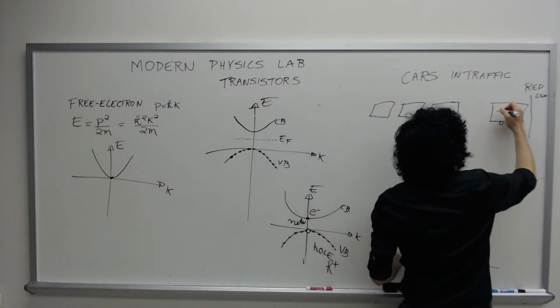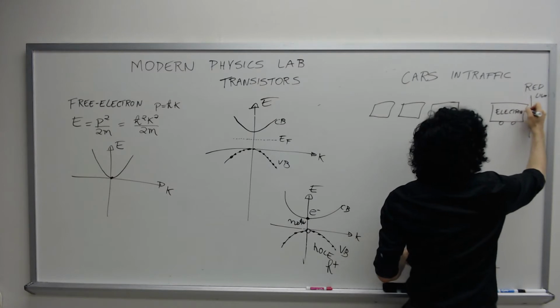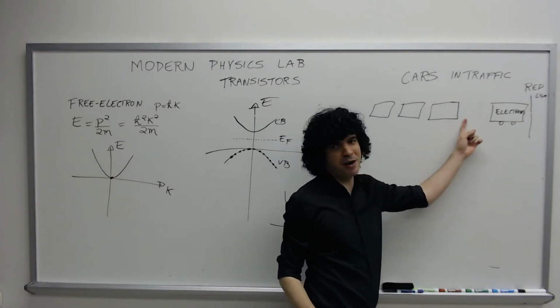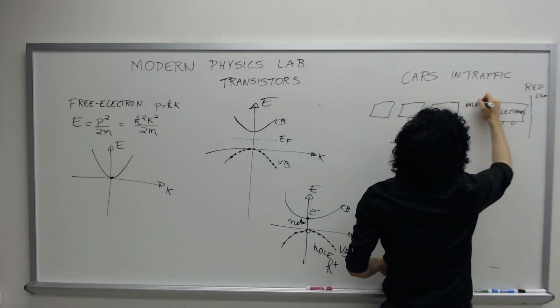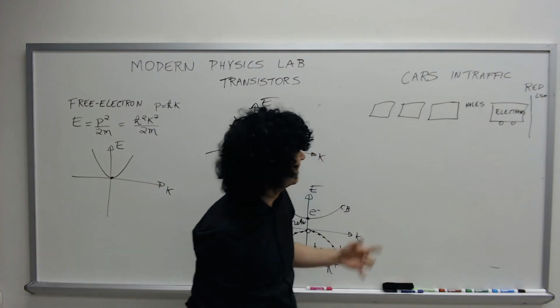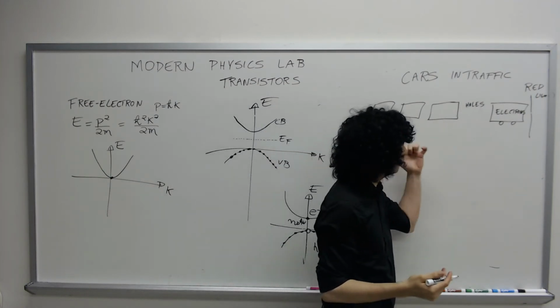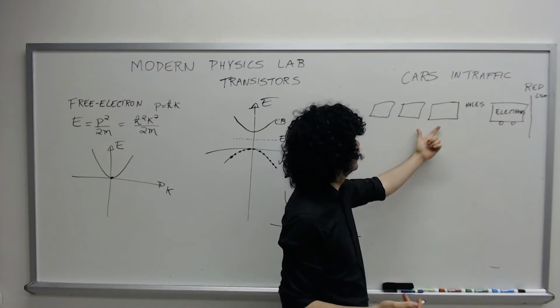So the cars are the electrons, and this gap, this lack of a car, is called the hole. We'll represent it as the hole. So you know that the gap doesn't move, only the cars move.